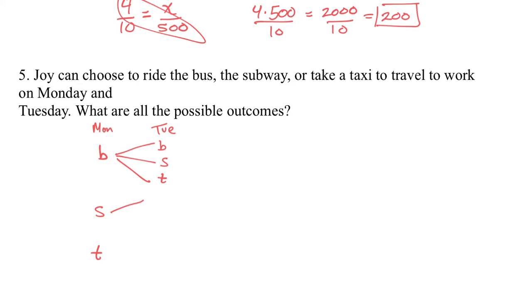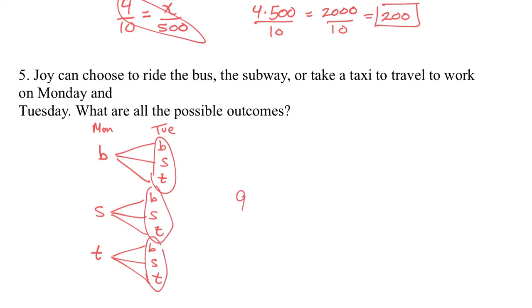She could have chosen the subway first, and then on Tuesday, the bus, the subway, or the taxi. And for Monday, she could have chosen the taxi and then the bus, the subway, or the taxi again on Tuesday. So there are 1, 2, 3, 4, 5, 6, 7, 8, 9. There are 9 outcomes.